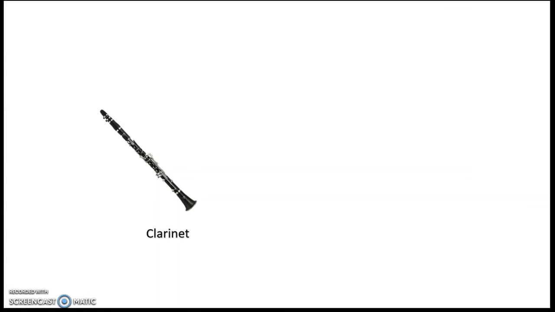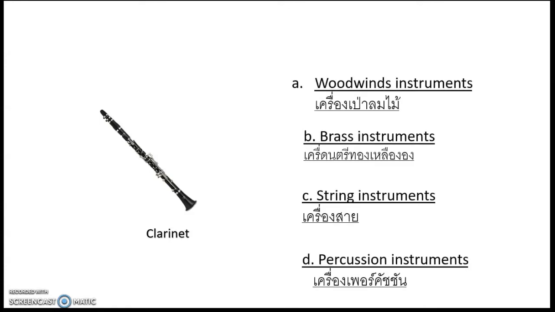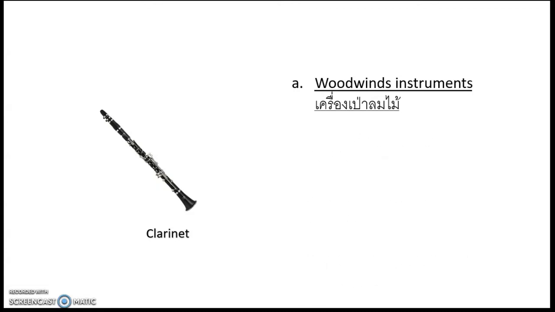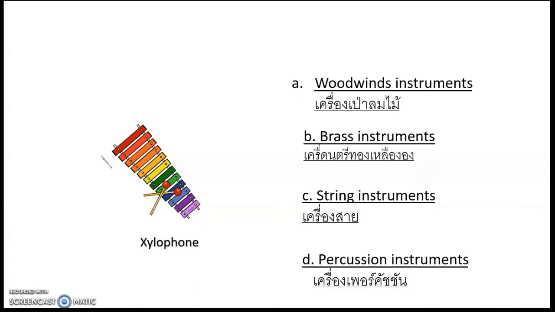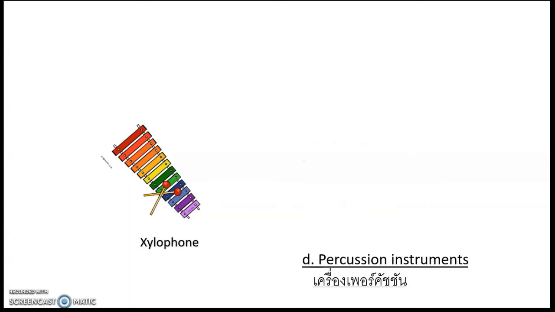And what about this clarinet? Alright, this one is in letter A, woodwinds instruments. What about the xylophone? Yes, letter D, percussion instruments.